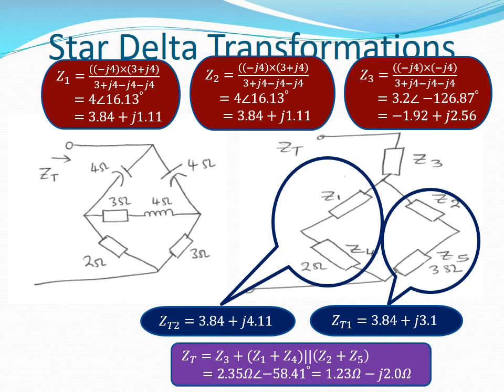ZT2 and ZT1 are in parallel, and the parallel combination is in series with Z3. Therefore, the total impedance is equal to Z3 plus (Z1 plus Z4) parallel (Z2 plus Z5). The answer works out as 1.23 ohms minus j2.0 ohms.